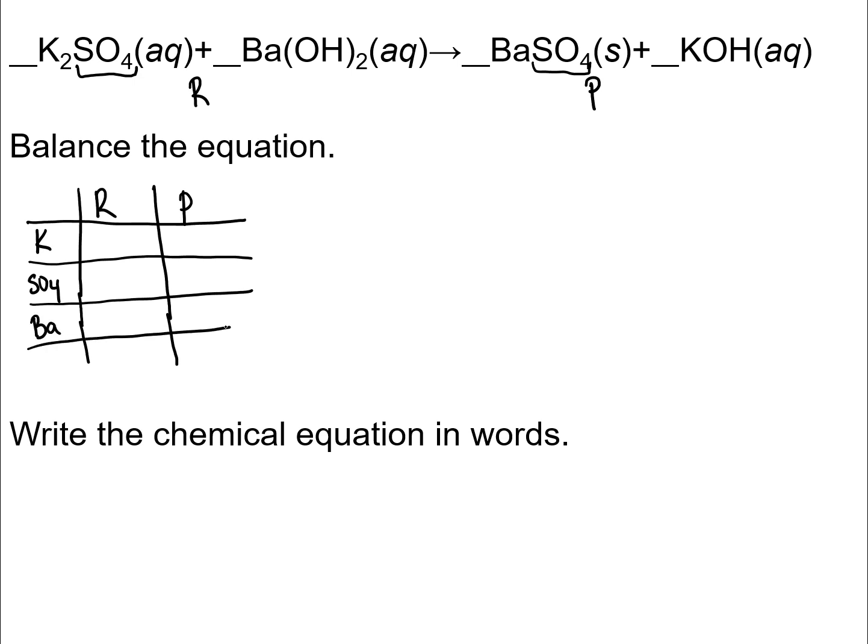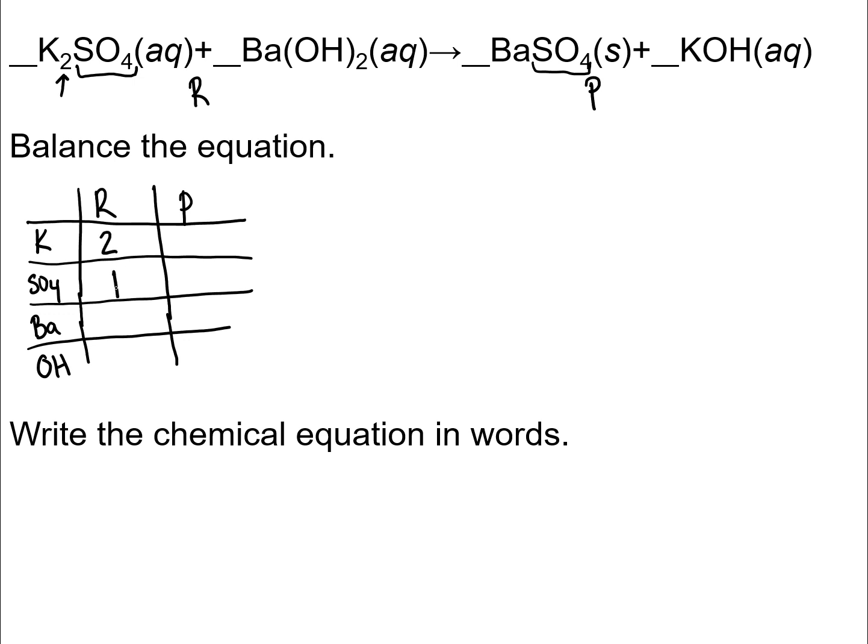The same thing goes for hydroxide. It's on both sides. It's not involved in any other reaction or any other compound, broken up as oxygen and hydrogen. So I can keep the hydroxide ion together. When you initially check, we've got the subscript 2, which means that there are 2 potassiums.